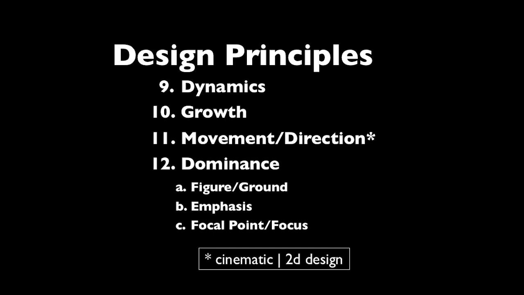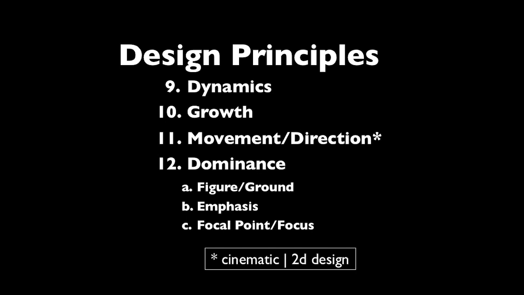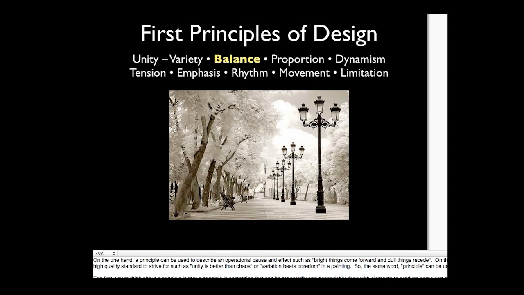Dominance has a lot to do with the idea of emphasizing one thing over another, selecting what your audience is going to see, creating a foreground, middle ground, and background, and drawing your audience to one part of that foreground, middle ground, background. Okay, so this takes us to the end of our first section, and so we're going to move on to the next set.